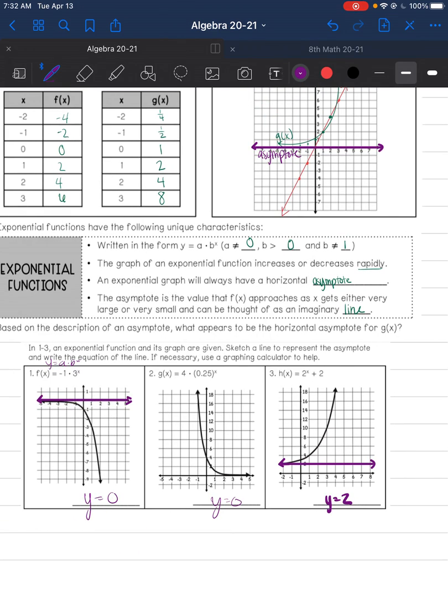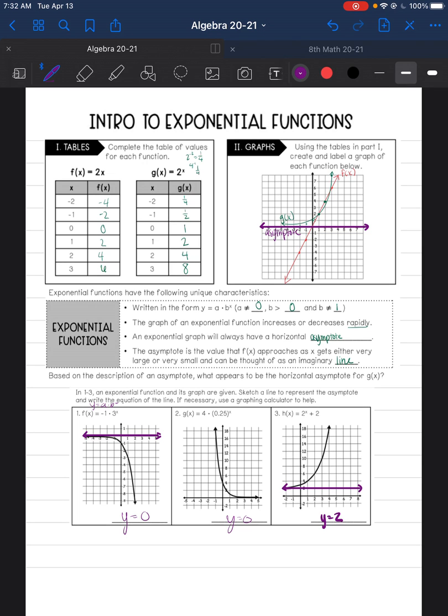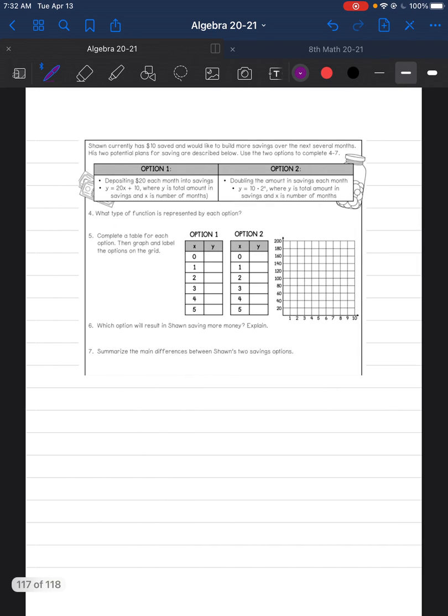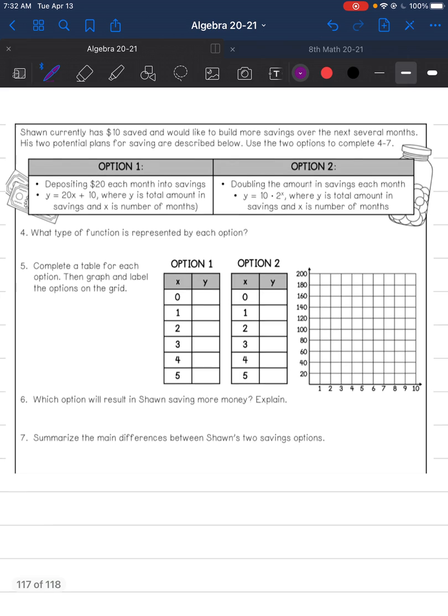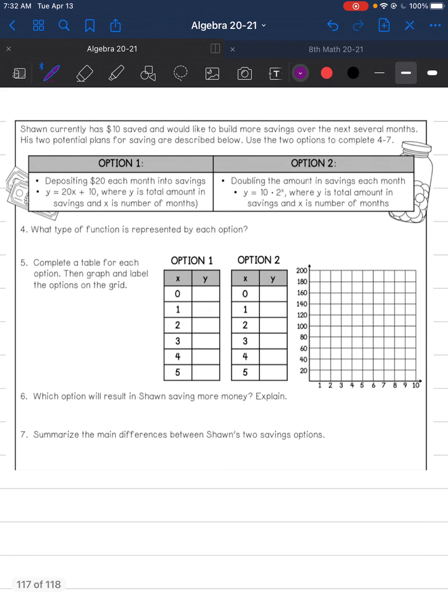So that is what an exponential function is and what an asymptote is, because that is going to be a big part. So we're going to do a quick example, hopefully a quick example, on our notes here to help us understand, and then we'll dive into the graphing. So Sean currently has $10 saved and would like to build more savings over the next several months. His 2 potential plans for saving are described below.